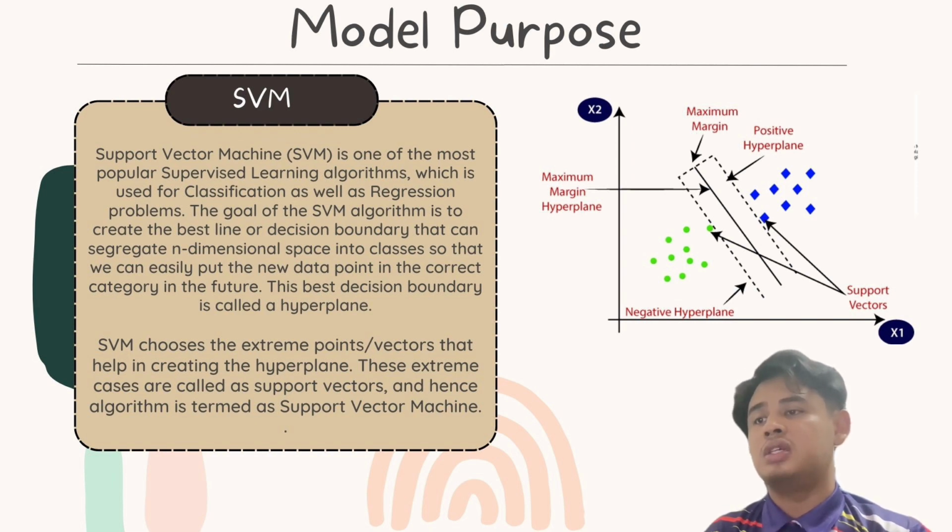The best decision boundary is called a hyperplane. SVM chooses the extreme points or vectors that help in creating the hyperplane. These extreme cases are called support vectors, and hence the algorithm is termed support vector machine.